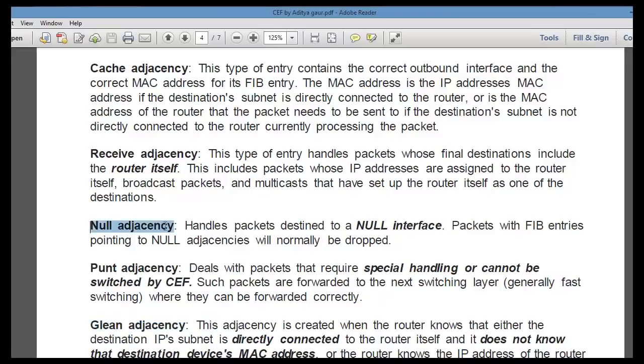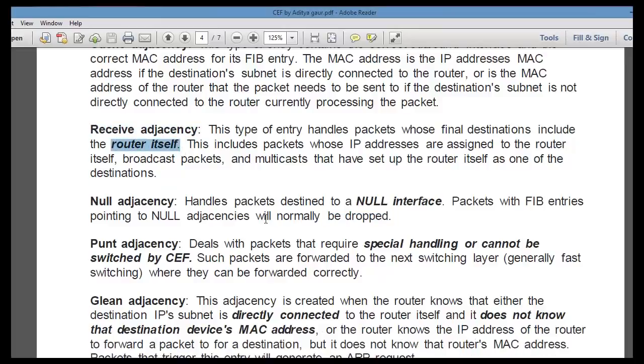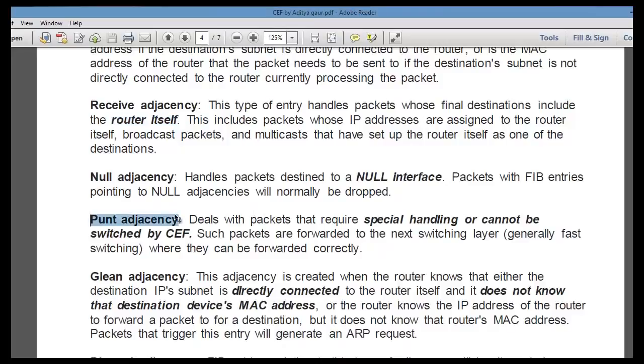Null adjacency is similar to a null interface, where all packets are dropped. Receive adjacency means your router itself. Punt adjacency means special handling is required, or the packet cannot be switched by CEF.